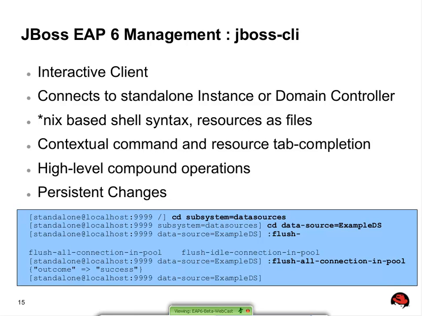Any changes you make via any of the admin APIs are persisted into the underlying configuration files. So, again, our expectation is that customers would increasingly use the CLI or one of the APIs, the RESTful API or the Java API.